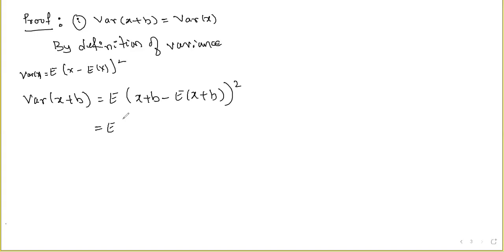So we know that this will be x plus b minus expected value of x plus expected value of b, that will be b itself, whole square. This is nothing but what we showed: expected value of x plus b is equal to expected value of x plus b, like this, right?